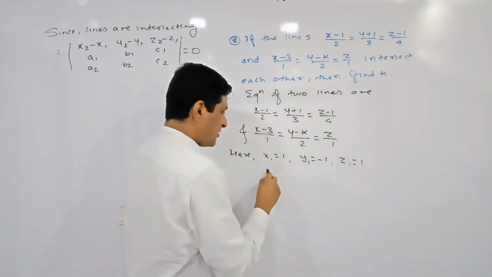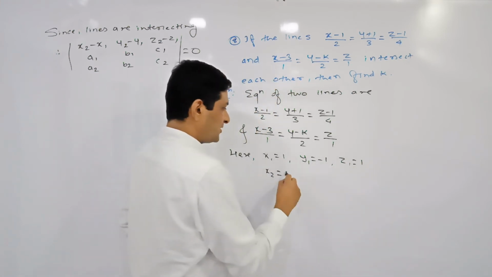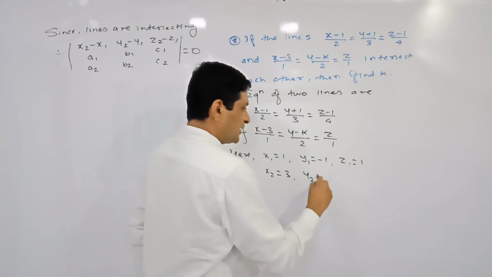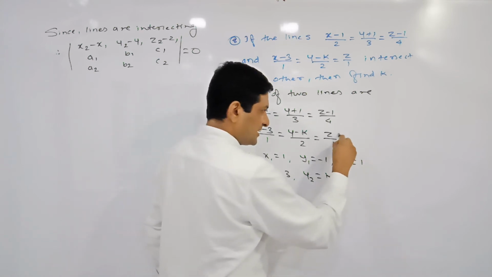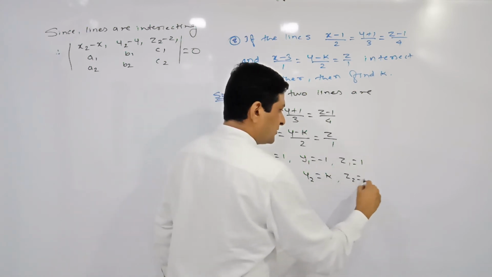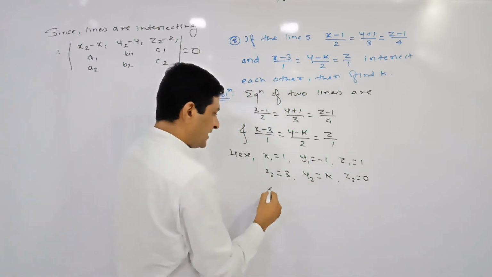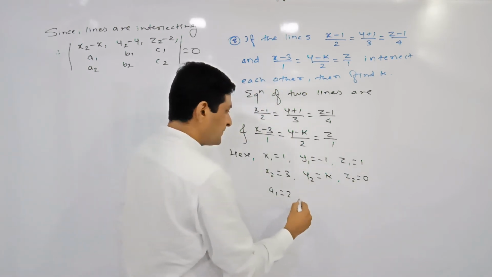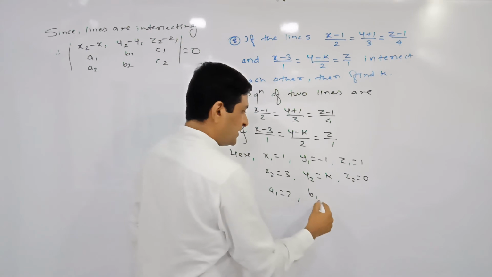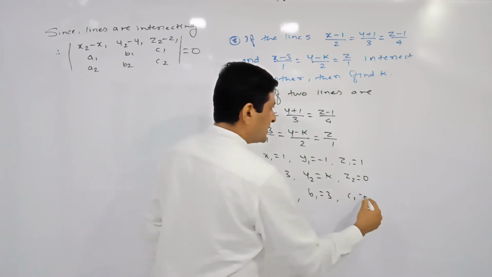Now x2 is equal to 3, y2 is equal to k, and z2 is equal to 0. Now a1 is equal to 2, b1 is equal to 3, c1 is equal to 4.